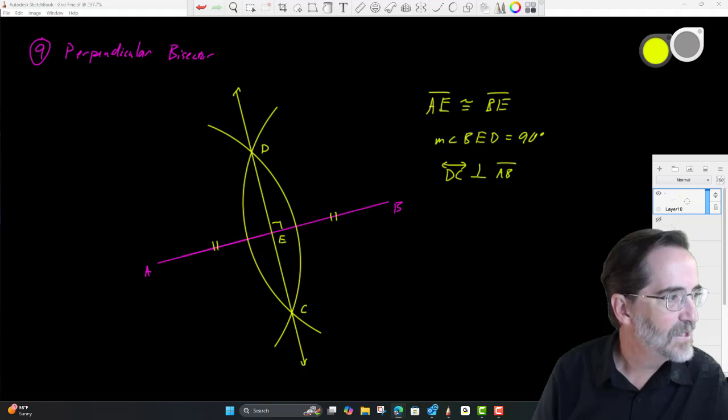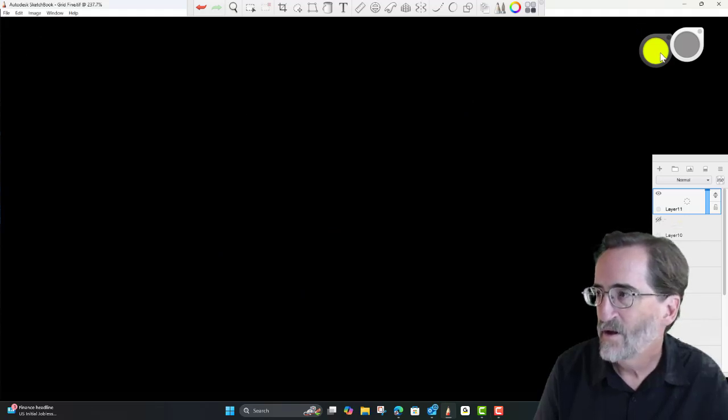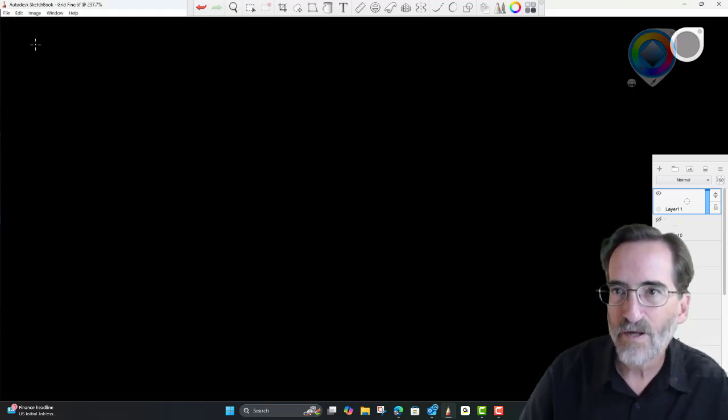Okay, number 10. Number 10 asks, determine the construction being done by the steps being shown. Okay, so we're going to do the construction and then we're going to name it. Number 10. So again, do this with a compass and a straight edge.